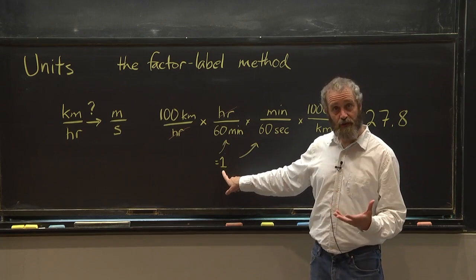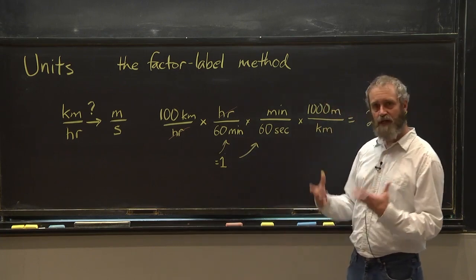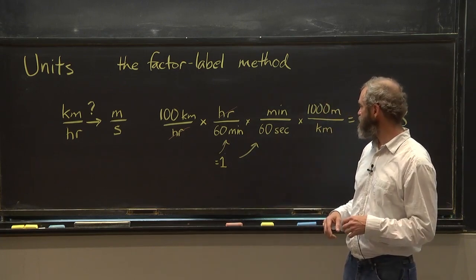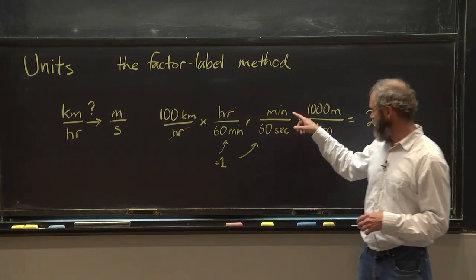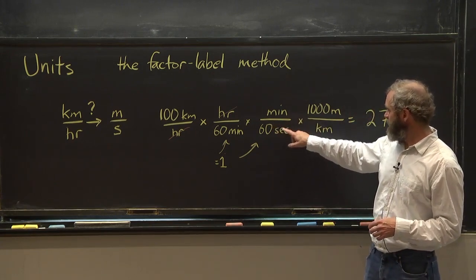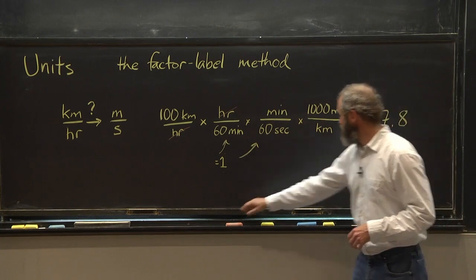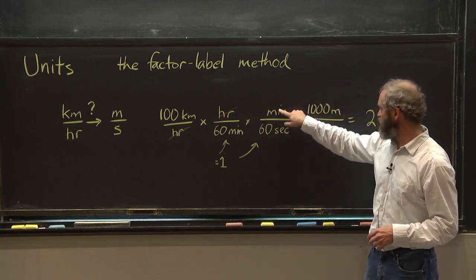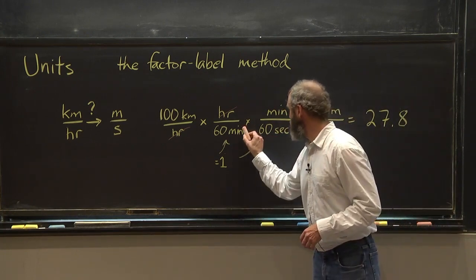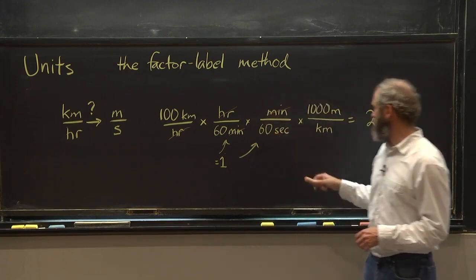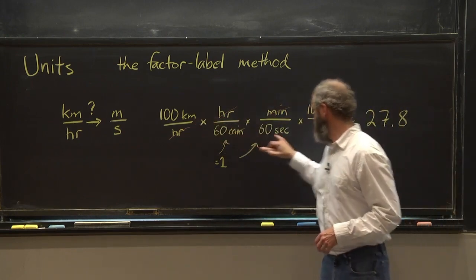We're changing the units, and so that changes the numbers, but the actual quantity stays the same. So the next factor will be from minutes to seconds. There are 60 seconds equals 1 minute. And so now the minute units are gone, and we have kilometers per second.